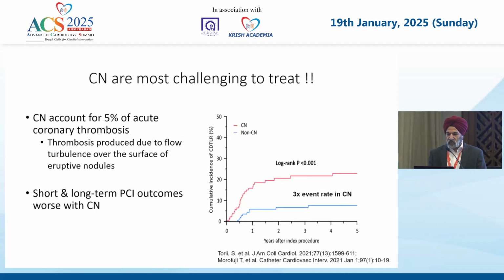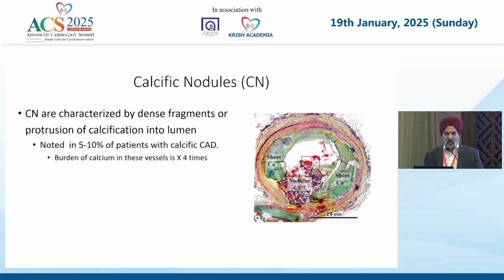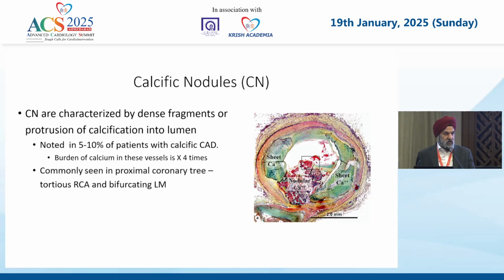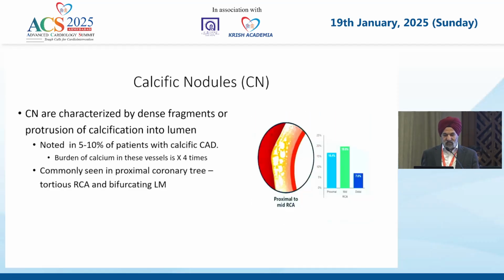Before I launch myself into this, if you see the slide, it tells you that the event rate in a lesion or a calcific bed where there is a nodule is going to be 3 times higher. So I thought we'll touch upon a little bit of the pathology of the calcific nodule, and see how it develops and how it comes into being. Now, it's generally seen in the proximal segments of all the large vessels.